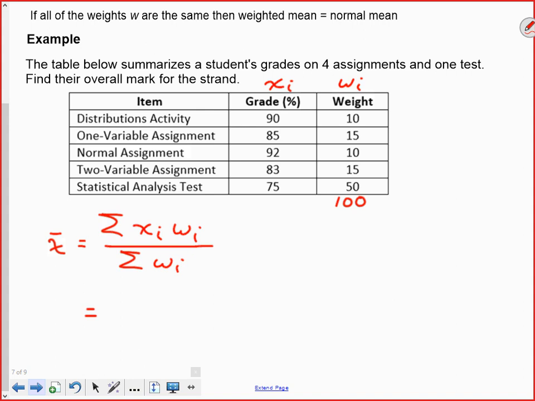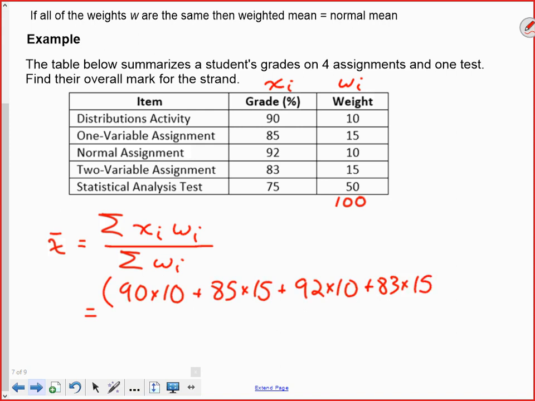So in the numerator we have 90 times 10 plus 85 times 15 plus 92 times 10 plus 83 times 15 plus 75 times 50.